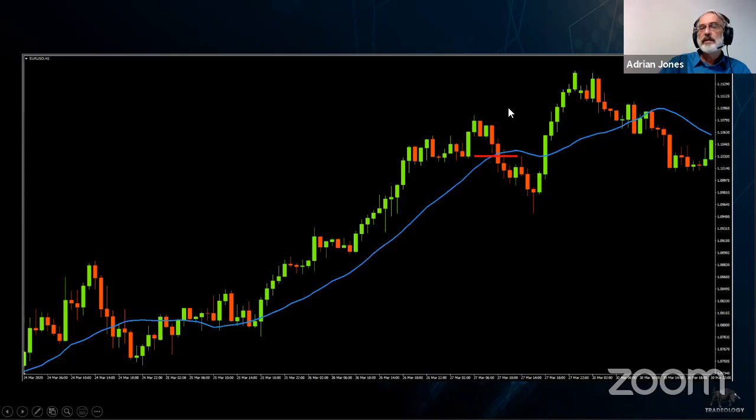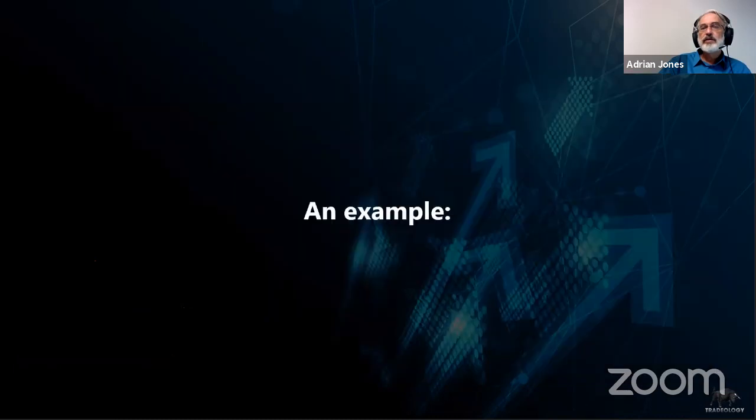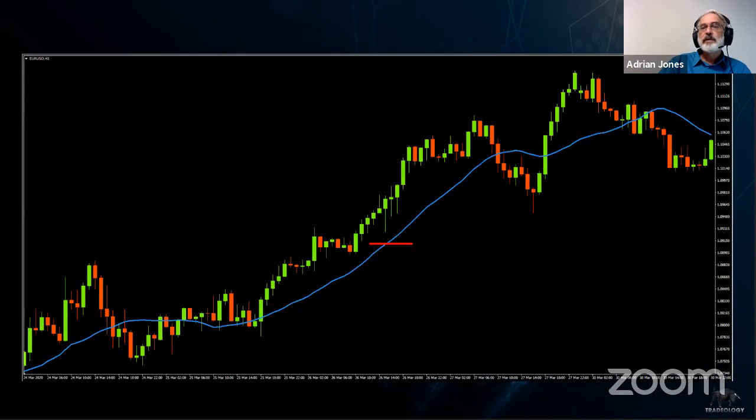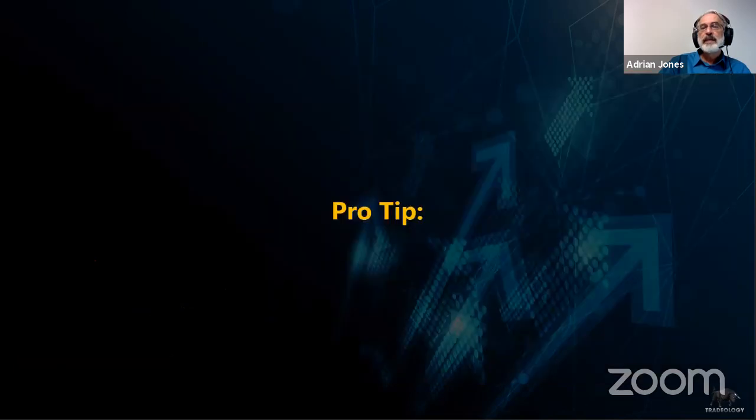In this case, it's a buy trade. It would be the opposite in the case of a sell trade. Now, once it does, our stop has been set at this point here, and price comes down and closes below the moving average. It takes out our stop. So we have set the trailing stop as an example by using the moving average and moving along the moving average. So here we go.